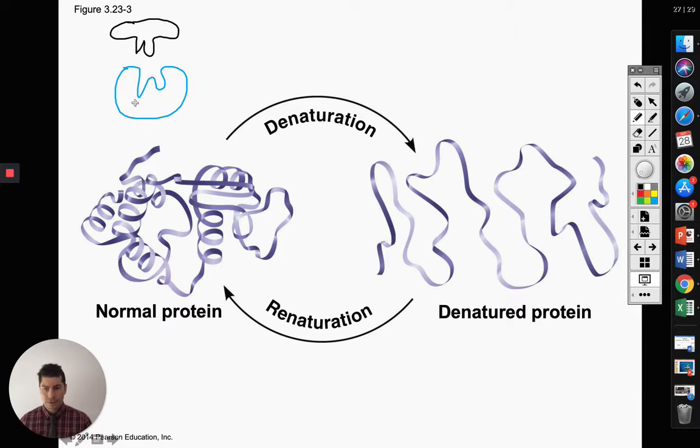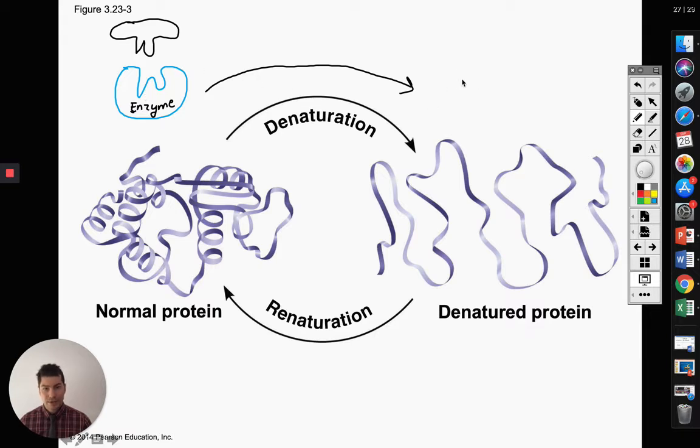All right, so here's our enzyme, here's our substrate, and you guys can see that the active site on the enzyme will fit perfectly into the substrate. Now, temperature changes too much, pH changes too much, salt concentration changes too much. Our enzyme is no longer going to look very nice like this and have its very shapely active site.